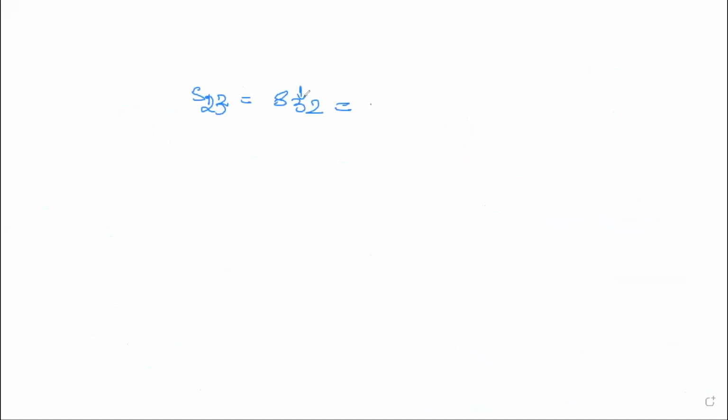Similarly, this can also be written as minus S31. S23 can also be written as S32, but because of the property of the input, this is also equal to minus S31. I'll write it here, but you know that S13 is equal to S31. So I can write S23 as minus S13.